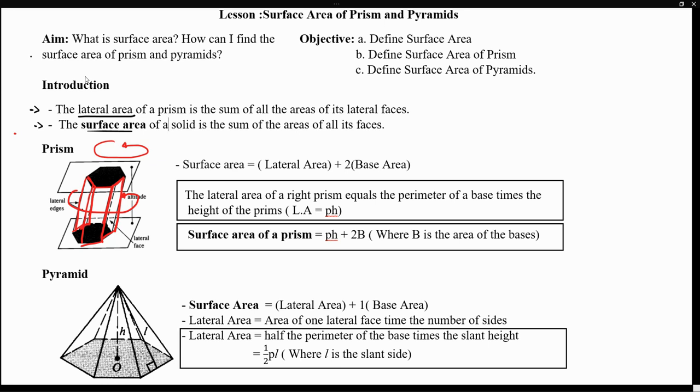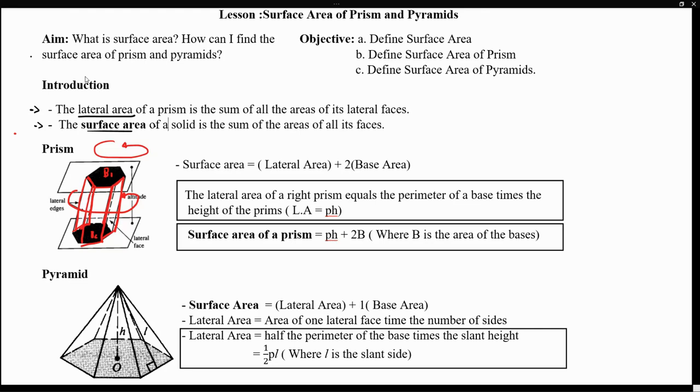Now, the surface area is the lateral area plus the area of the base and the area of the other base, which in this case should be the same value. So the lateral area just refers to the area that surrounds the figure.